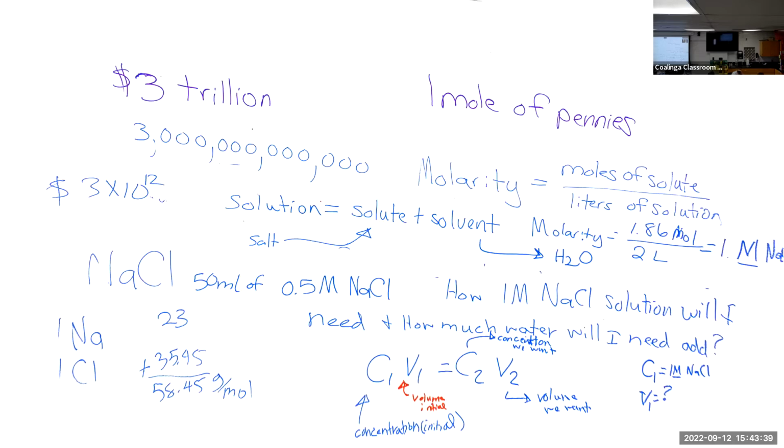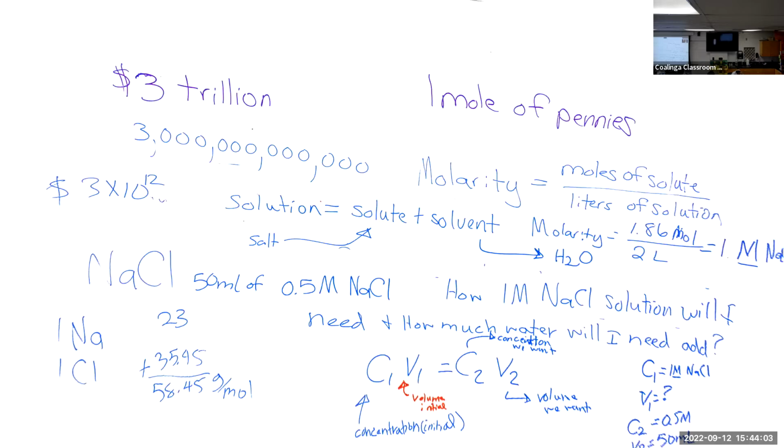My C2 is going to be 0.5 molar, and my V2 is going to be 50 milliliters. Now, I know that molarity is moles per liter, so I have options.